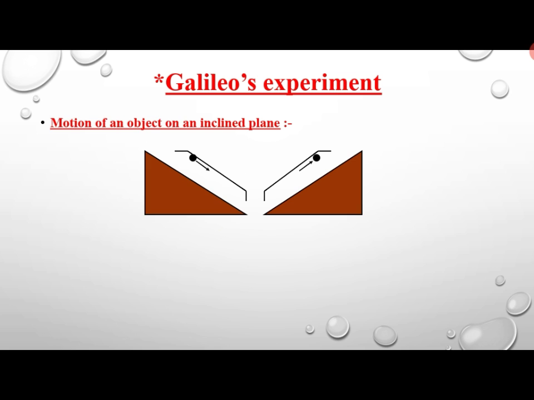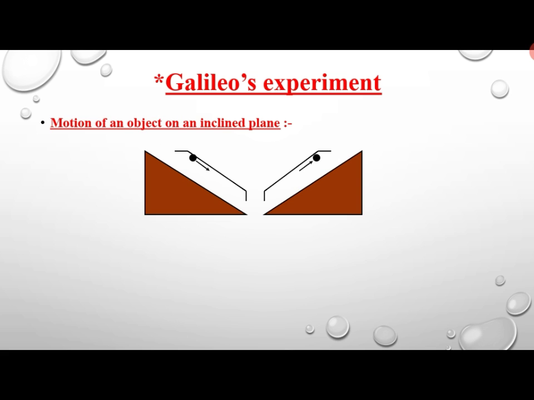He took two inclined planes with the same angle of inclination, and he observed that when a ball rolls down an inclined plane, its velocity increases due to the effect of gravity, and when it goes up on the second inclined plane, in that case its velocity decreases.